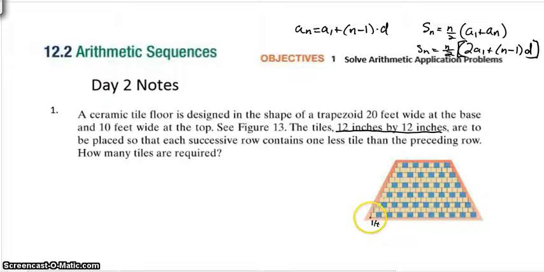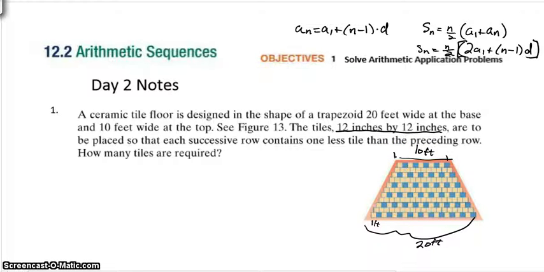So I've got one tile being 1 foot by 1 foot. It's a square foot. And down below we've got 20 feet wide. And at the top, we're 10 feet.